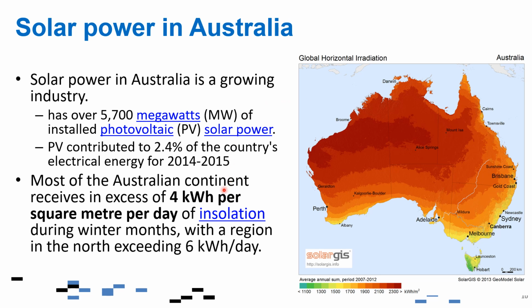So far, we have installed almost 6,000 megawatts of solar PV. A lot of these megawatts are coming from home rooftops and a number of solar farms as well. PV is now contributing a very large amount in terms of electricity generation, around 4 to 5% already at this point.